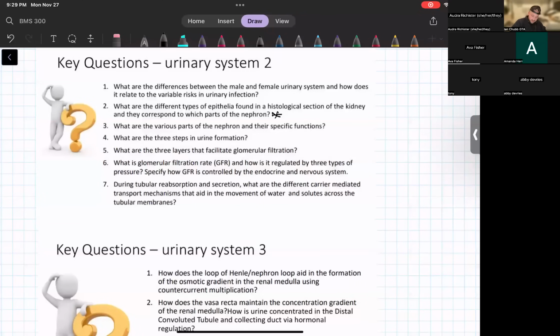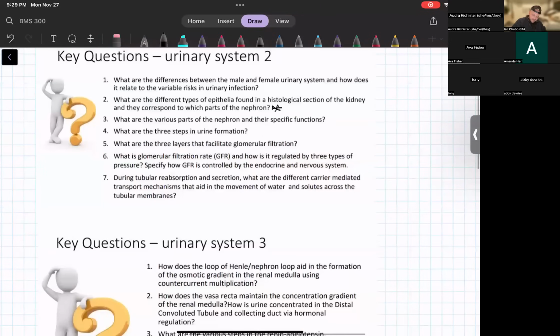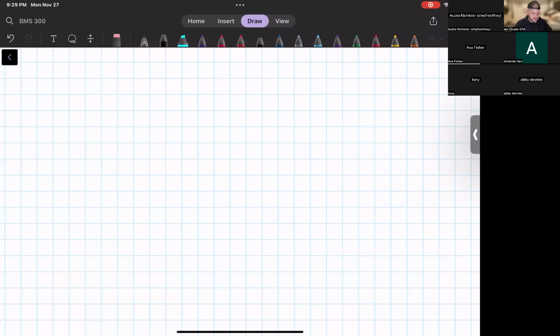Okay. Let's look at the nephron, since that's the functional unit of the kidney. So that's really where we're actually filtering our blood, filtering things out. Make sure you go over some of the UTI stuff like that.